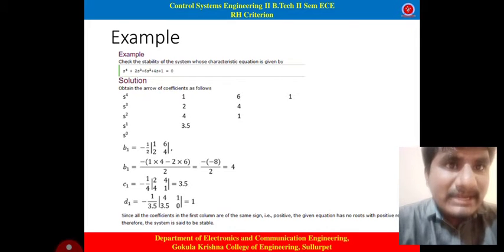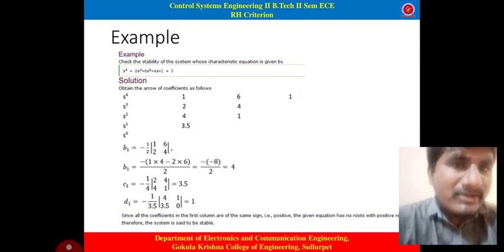To calculate the first coefficient in the s square row, we took the determinant of 1, 6, 2, 4 and divided by minus 2. Similarly, we take the determinant of 1, 1, 2, 0 and divide it by minus 2. That will give you 1.